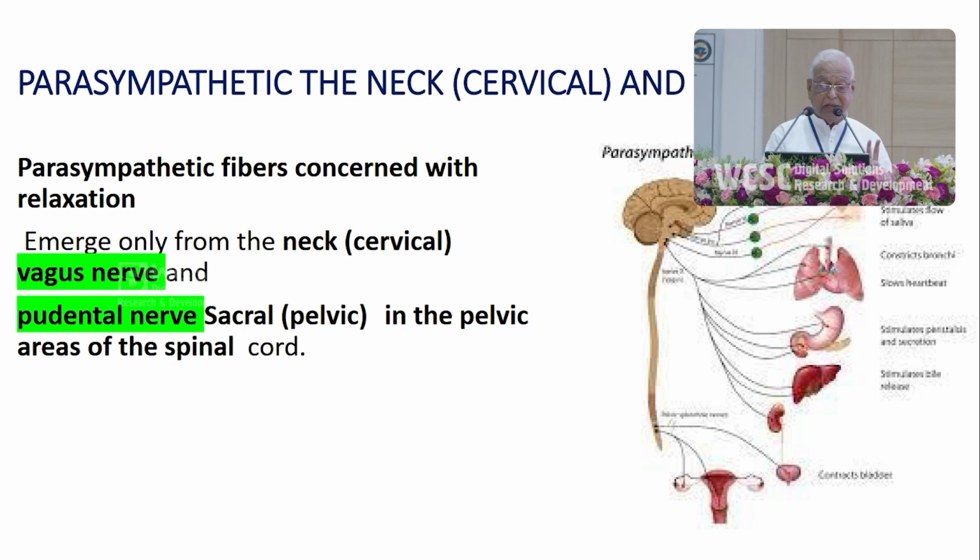In the body there are two nerves concerned with the parasympathetic system, that is the vagus nerve and the pudendal nerve. The vagus is just below the cortical brain and the pudendal nerve is lower. The pudendal nerve is more connected with our Kayakalpa. So now I am going to concentrate more on the pudendal nerve.